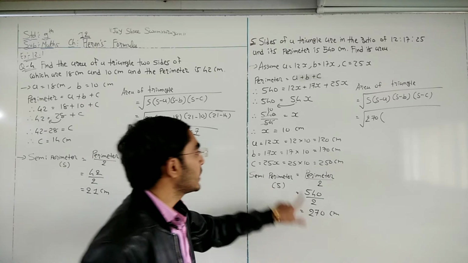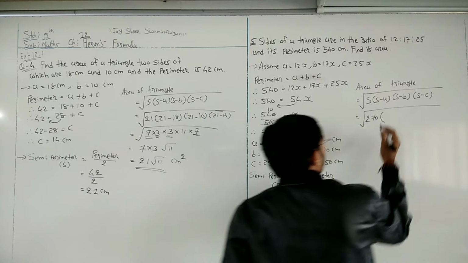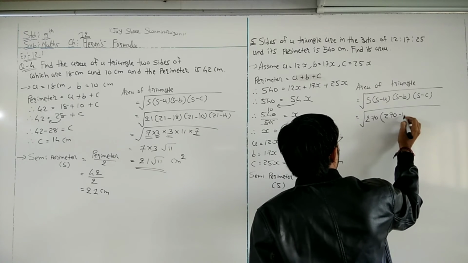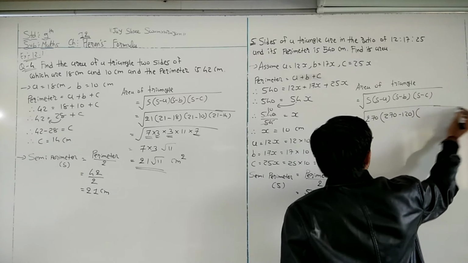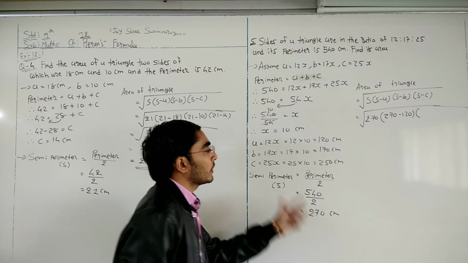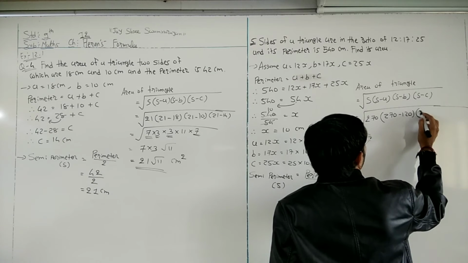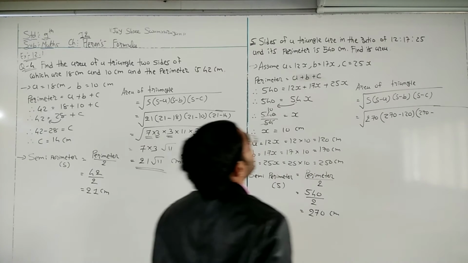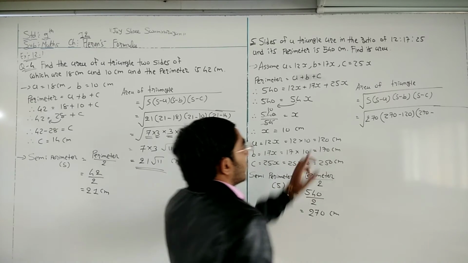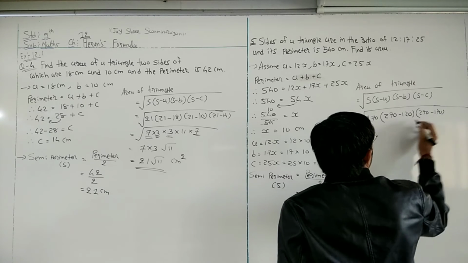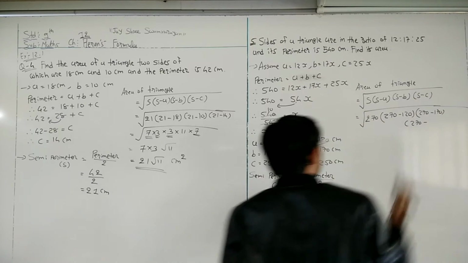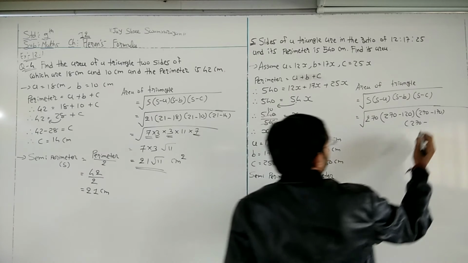Now S 270 minus A 120. So 270 minus 120. Then S minus B. So 270 minus B, it is 170. And 270 minus C, 250.